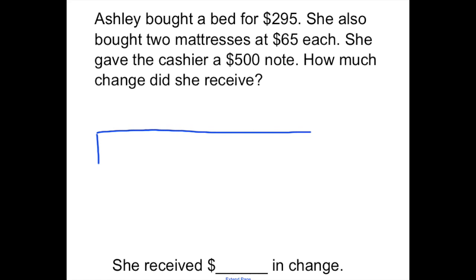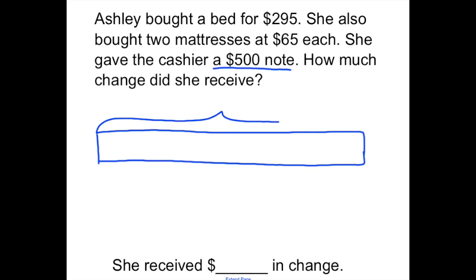So I'm going to start by drawing my entire bar, and I know that Ashley gave the cashier a $500 note. So remember, what the person gives the cashier is always going to be our total amount of money. We know that she bought a bed for $295.